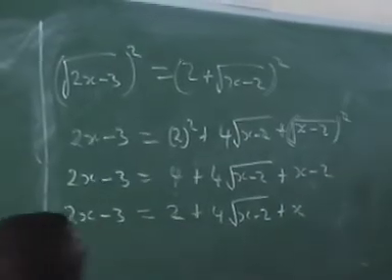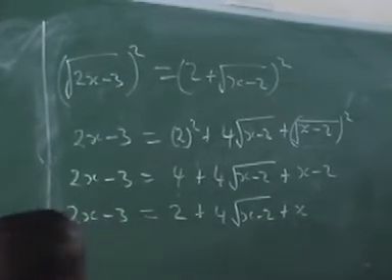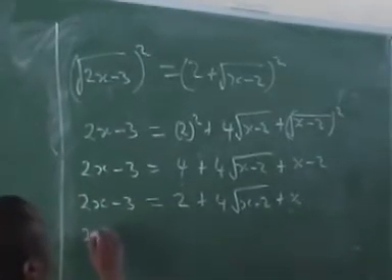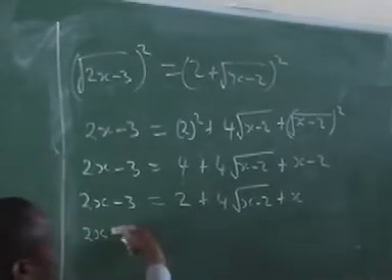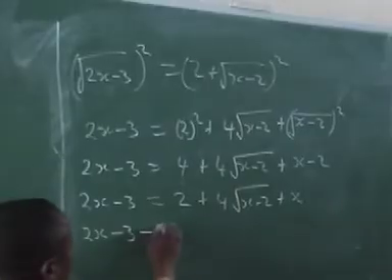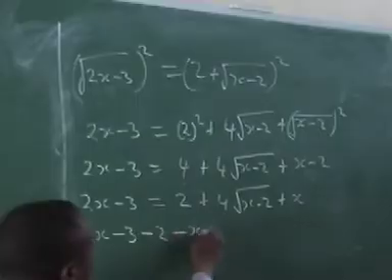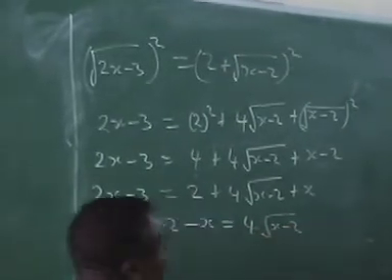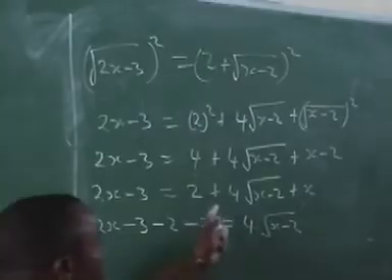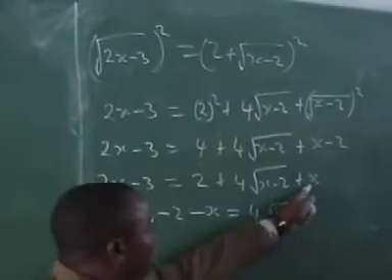Anyway, what I'm going to do now is bring x to this side. If I bring x, I will have 2x minus 3. Then this one can come here, it becomes minus 2. The other one can come here, it becomes minus x, is equal to 4 square root of x minus 2. Understand the concept? We are just taking this one to this side. We take this x to this side.